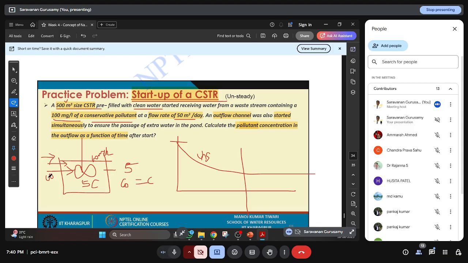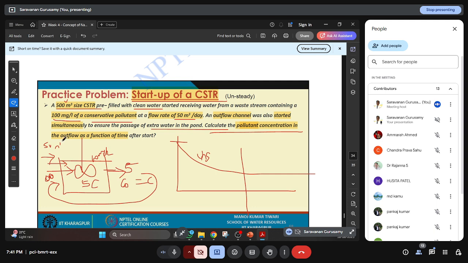The water coming in is 50 meter cube per day. The outflow channel also started simultaneously. Initially, they will start the outflow, but the concentration will not be equal, so they will take out and again insert for some time. The outflow channel was also started simultaneously to ensure the passage of extra water in the pond.